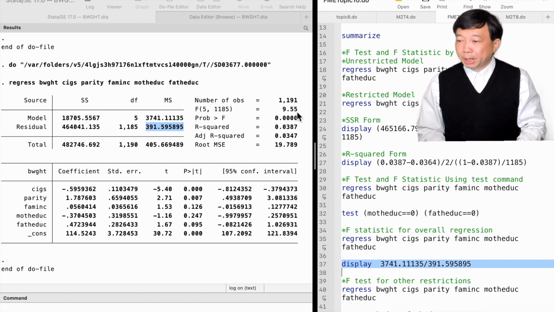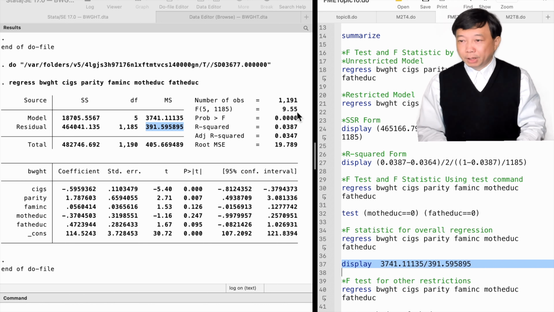We can also obtain it using the R-squared form formula. The Stata result window gives it directly, along with its p-value. The p-value is 0 to 4 decimal places. It implies that the 5 explanatory variables in the model are jointly statistically significant at any conventional level.